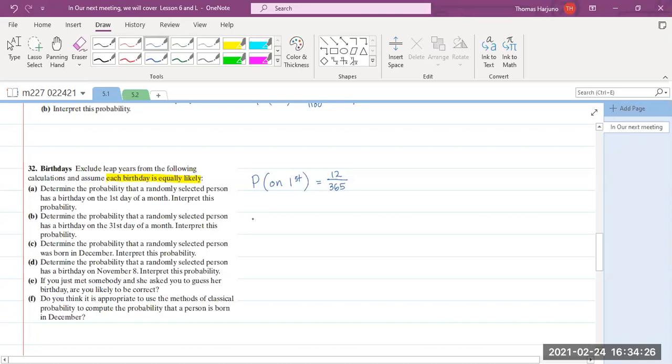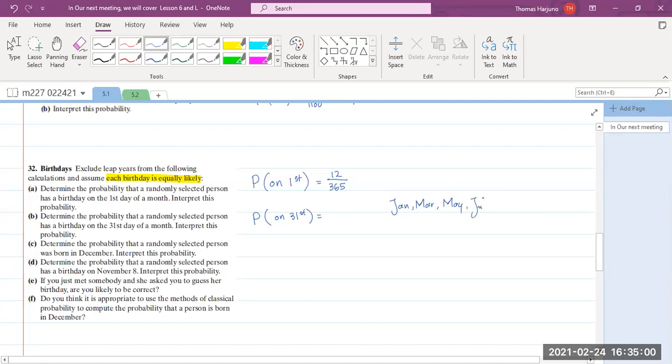Okay, now part B. Determine the probability that a randomly selected person has a birthday on the 31st of a month. On the 31st, that's actually a good question. How many 31sts in a year? This one is good. January, March, May, and then July.